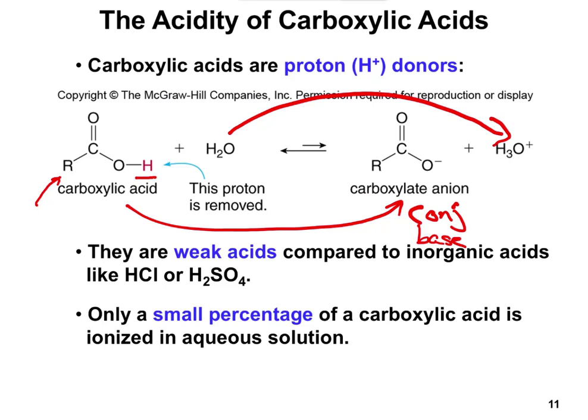So carboxylic acids are considered weak acids because they do have this property of only partially dissociating in solution. If you were to add a carboxylic acid to a solution, most of it is going to stay in this form where you have the OH on it, and you're only going to have a very small amount that dissociates into the carboxylate anion, which you can see over there.